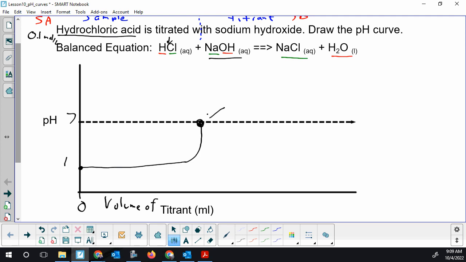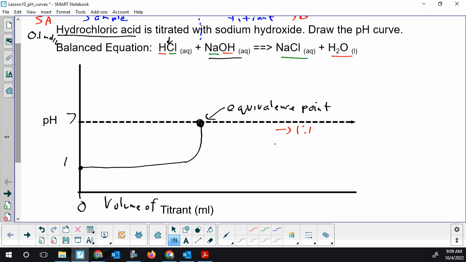And we call this the equivalence point. This is a 1-to-1 acid-base ratio.